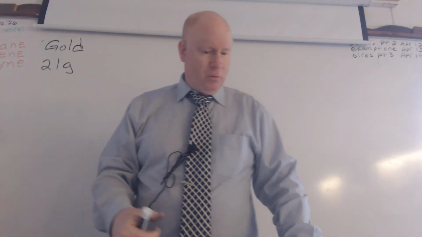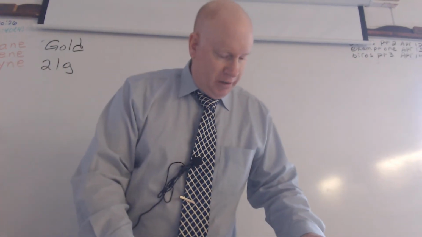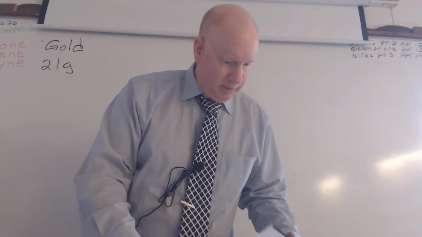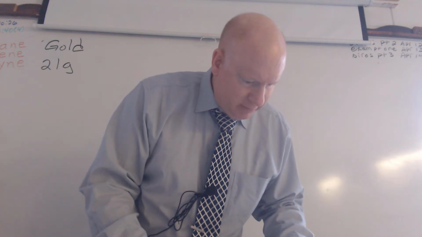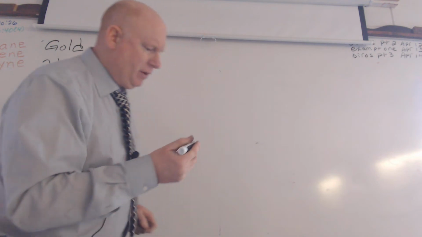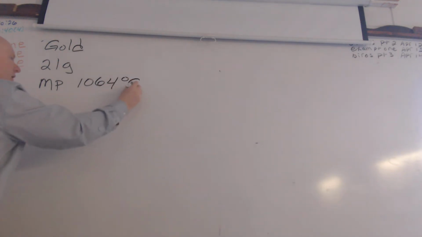I'm just going to write some numbers up here. We need gold's melting point and gold's boiling point. The melting point is 1064 degrees centigrade.